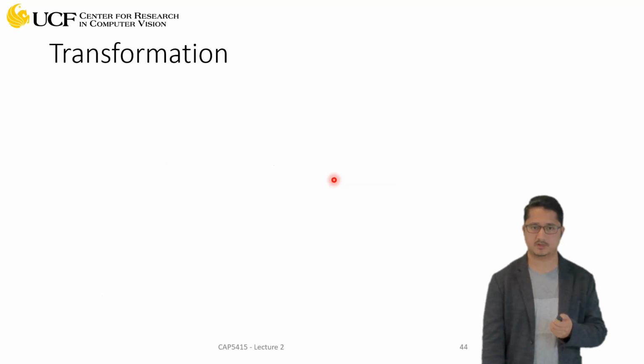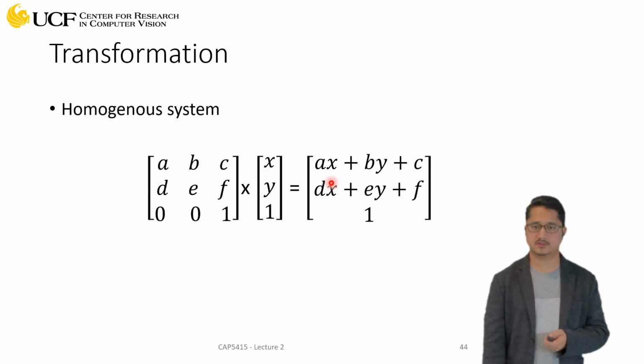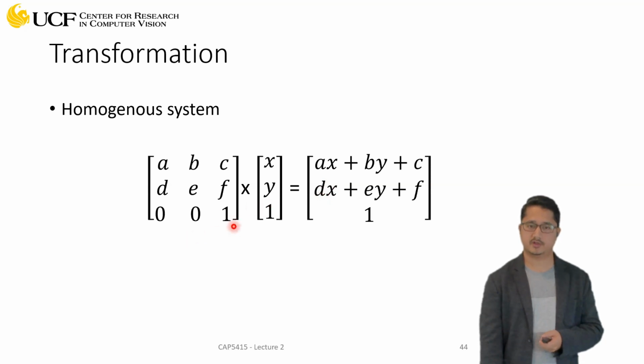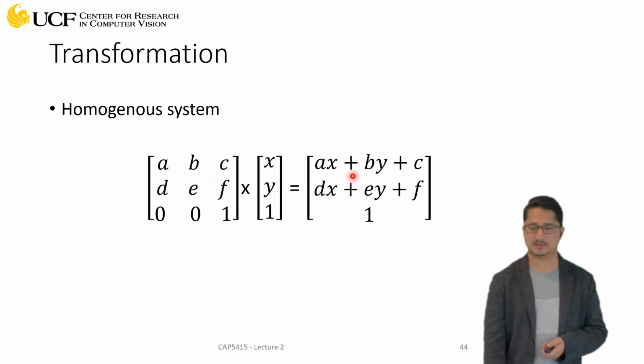Okay. Now let's see how we can use this to perform shifting. What we can do is, in the last column over here, we can add these values, let's say C and F. And if we perform this matrix multiplication, this will be the resultant vector. And you can see here that these values are actually getting added to the vector.